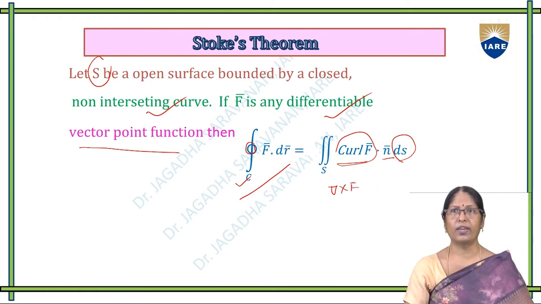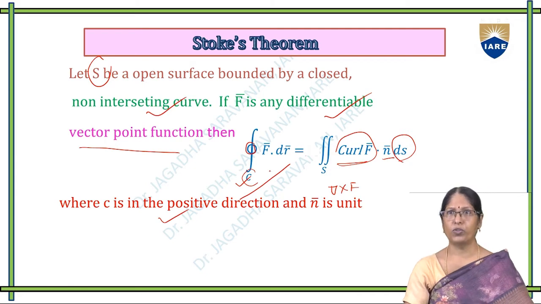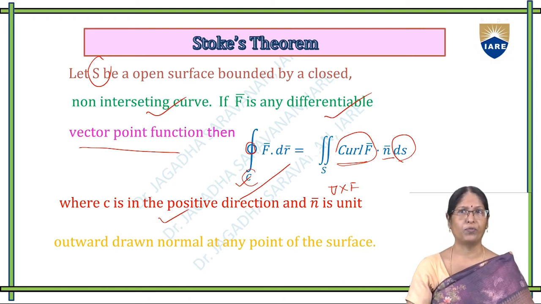This is the Stokes' theorem formula, where the curve is in the positive direction and n is the unit outward drawn normal at any point of the surface.